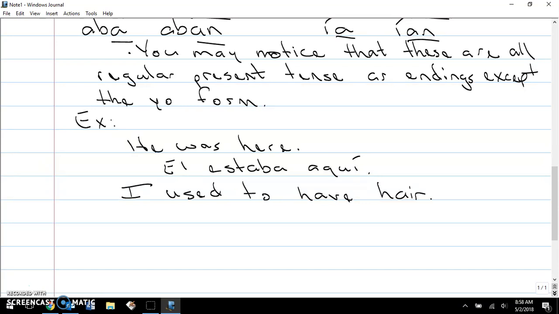It's a repeated past action. I didn't have hair for quite a while. But used to is a great translation of the imperfect. So I used to have hair. We use the verb tener, to have. Yo tenía pelo. I used to have hair. Very simple, very straightforward.